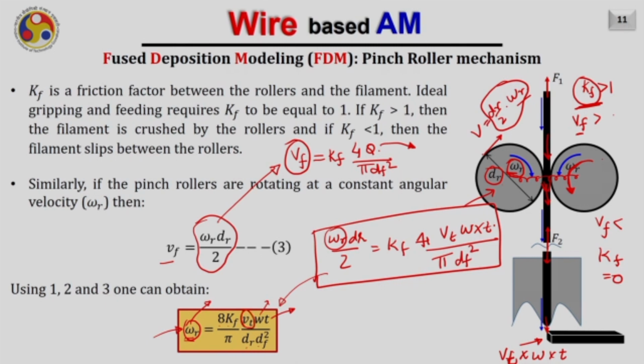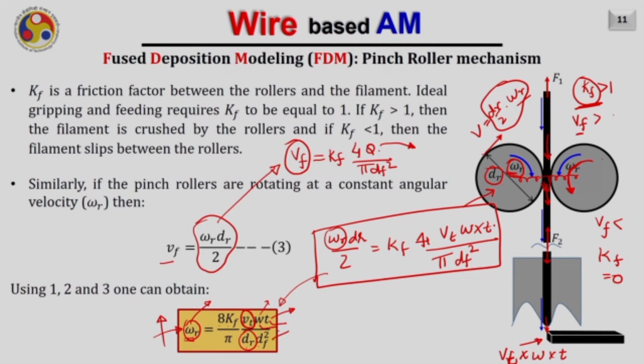Also, if the travel velocity is increasing, then keeping the other parameters, w and t, the same, you have to increase the value of omega r, that is the speed of the rollers. Also, if the diameter of the roller is reducing, then the roller should rotate with a higher speed.